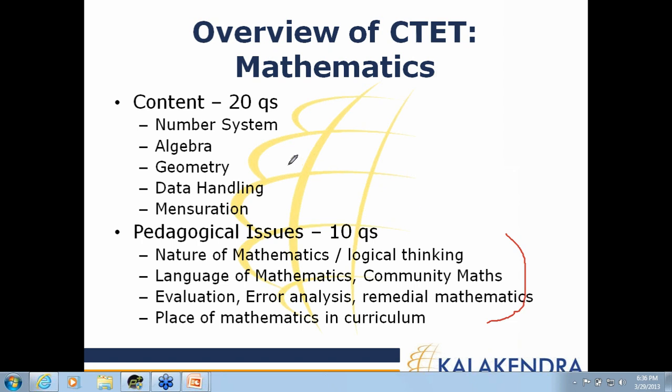In terms of the content side of it, it's essentially similar content that's charted out in the syllabus. However, we will definitely see that there are some differences which we will talk about in the next few slides.